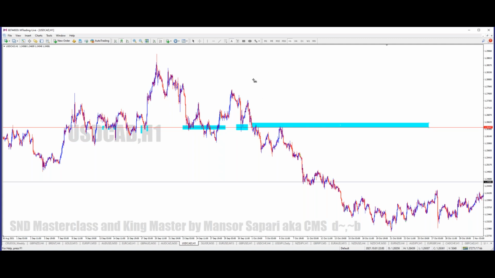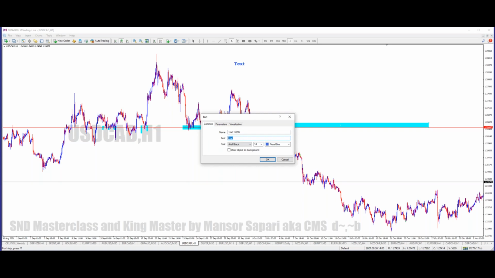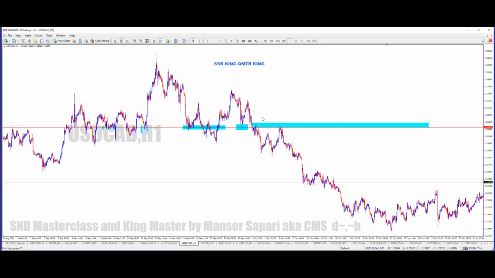This is only information, because later on, in the advanced mode, we will learn SSR King and QMTR King, where you can pinpoint exactly where you want the entry. You need to find the left support, the lower low, and then the right support. Then don't worry, you will find it with pinpoint accuracy.